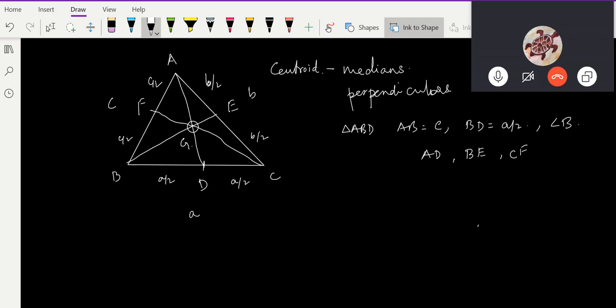Now this is where coordinate geometry comes in. If this is x1, y1, this is x2, y2, and this is x3, y3, what will be the coordinates of D?